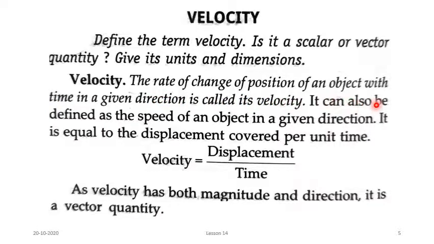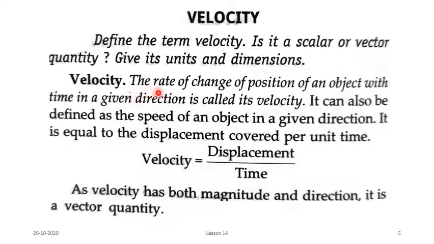It can also be defined as the speed of an object in any given direction. It is equal to the displacement covered per unit time. Velocity equals displacement by time.